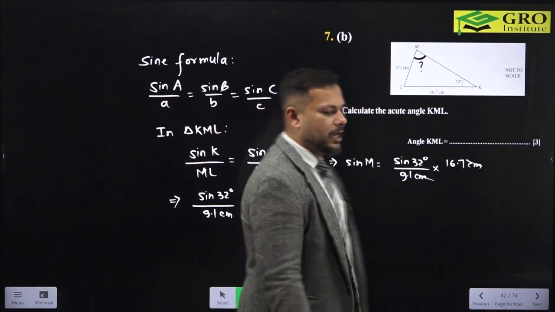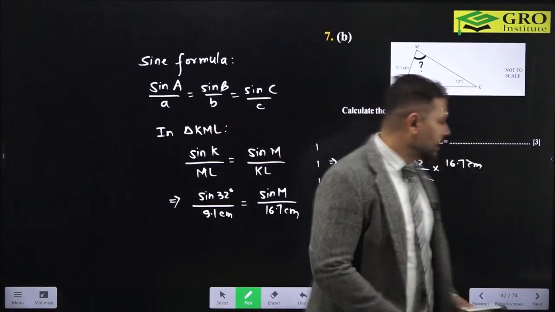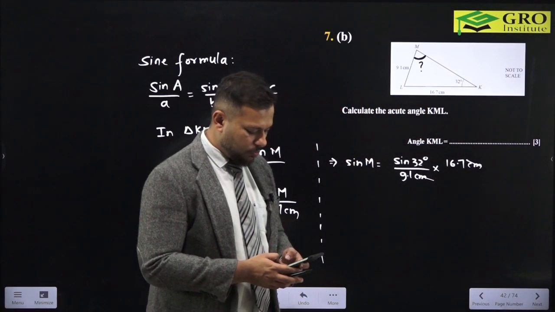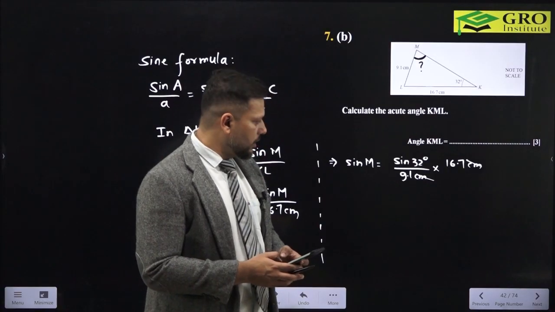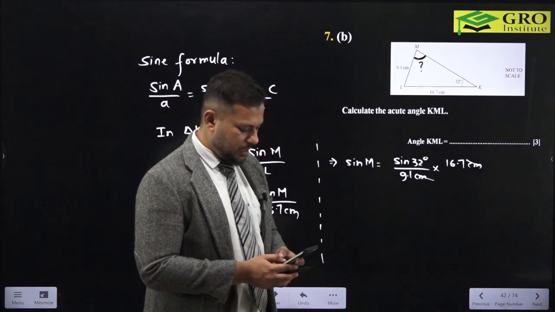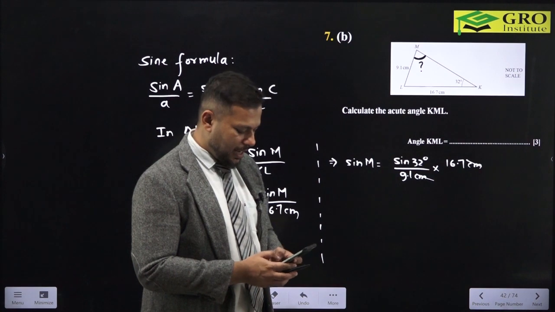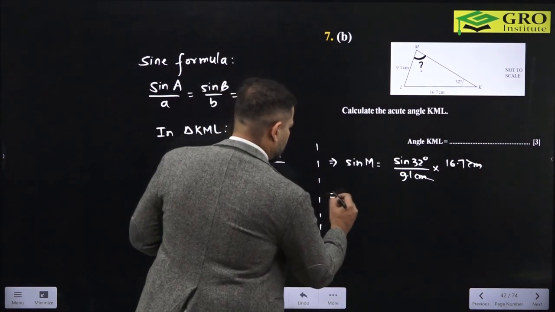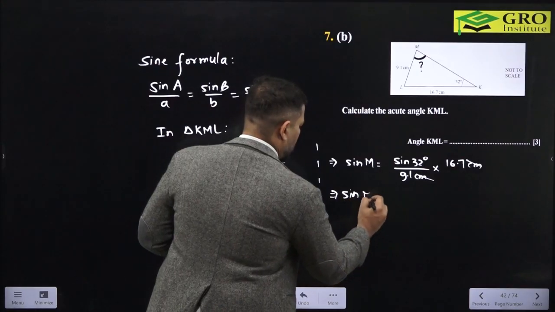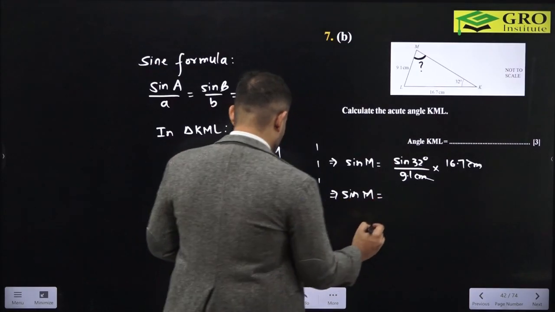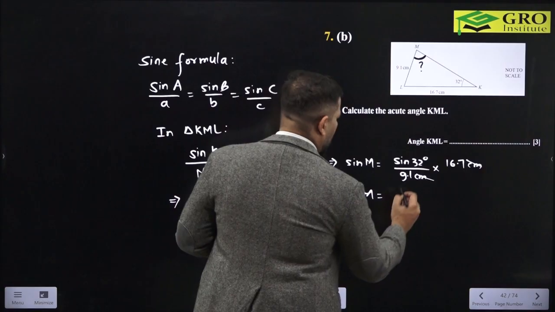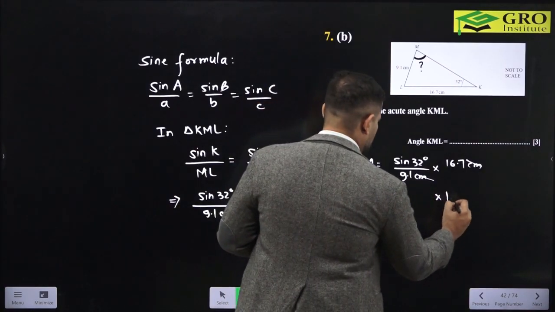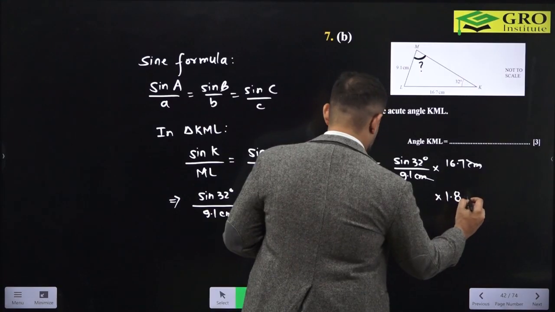Let us quickly find out this. We have to divide this 16.7 with 9.1. Let us do that quickly. 16.7 divided by 9.1 is giving us the value as 1.83, and also we need to find out sine 32 degrees.